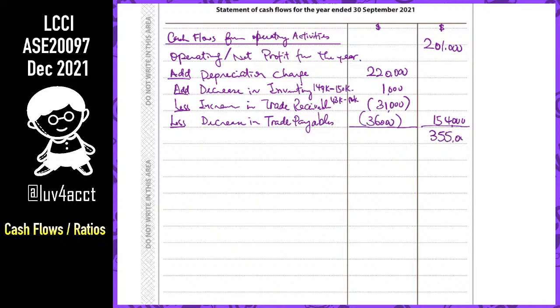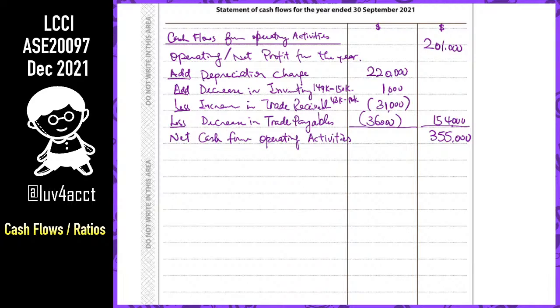There is one interesting thing I would like to take a look at with you. Let me write down first. This is net cash from operating activities. Net cash from operating activities, 355.